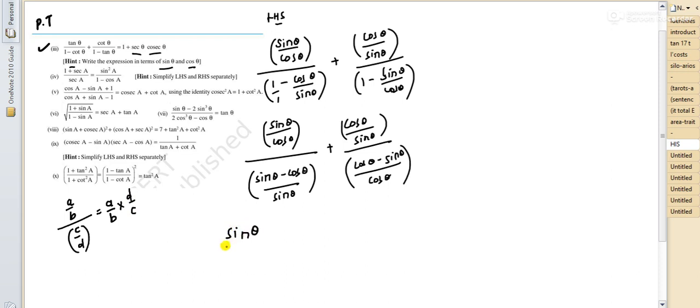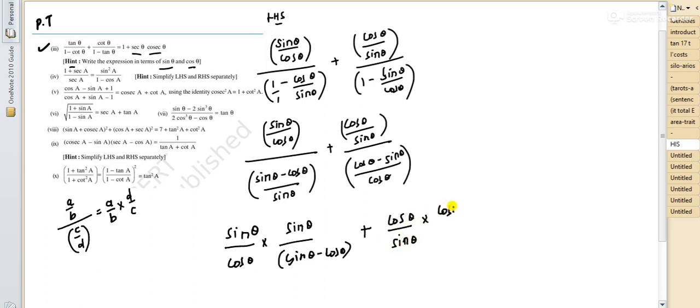So sine theta by cos theta into, this becomes here in the numerator, and this is sine theta minus cos theta. Plus you have this term also. I will do the same with this, cos theta by sine theta into cos theta by, what is this? Yes, it is cos theta minus sine theta. I hope you have understood this step.